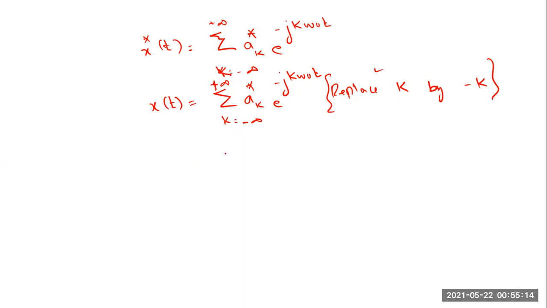So this substitution is not going to affect the answer. But let's see what will happen to the mathematical form. So a_k will become a_(-k) conjugate, and e raised to the power minus jk will become e to the power plus jk.